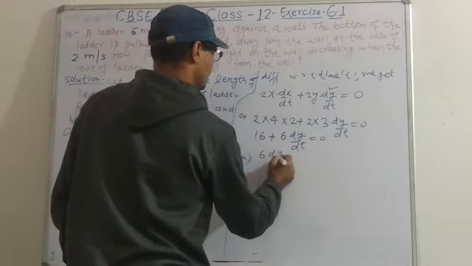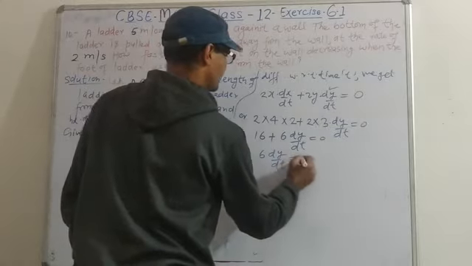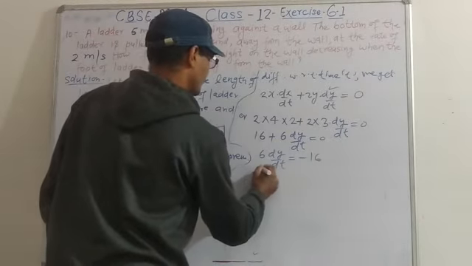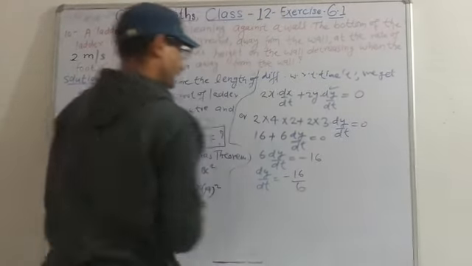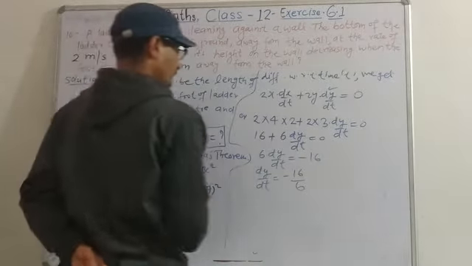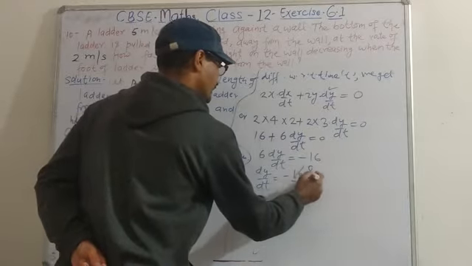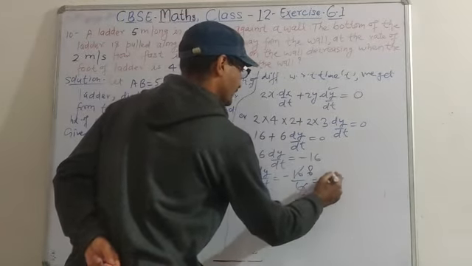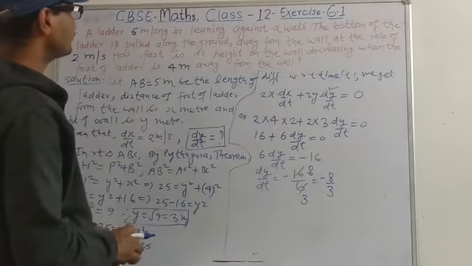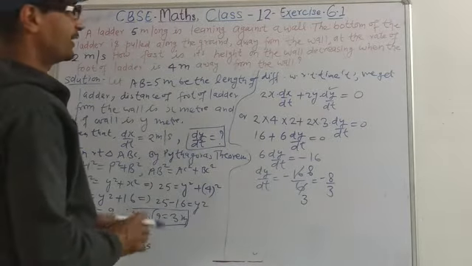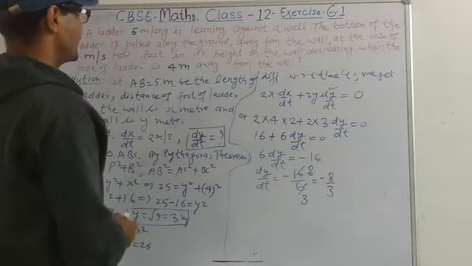Now 6 dy by dt is equal to minus 16. So dy by dt is equal to minus 16 by 6. Cancel by 2, 2 8 is 16, 2 3 is 6. That means minus 8 by 3. Negative sign shows us that the height of the wall is decreasing at the rate of minus 8 by 3.